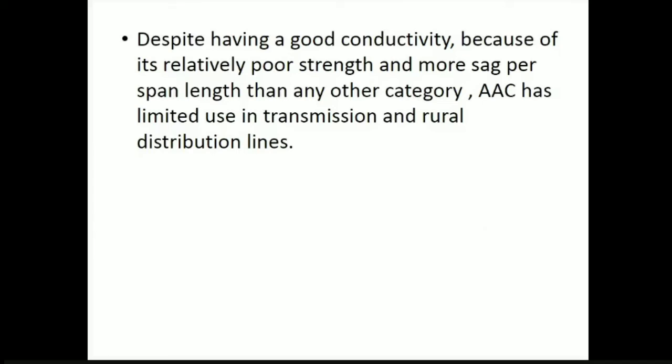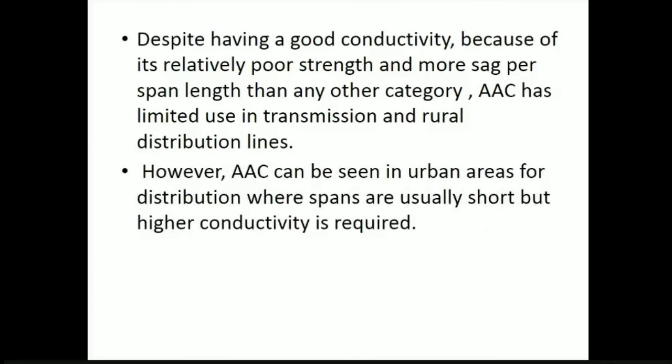Despite having a good conductivity, because of its relatively poor strength and more sag per span length than any other category, AAC has limited use in transmission and rural distribution lines. However, AAC can be seen in urban areas for distribution where spans are usually short, but higher conductivity is required.